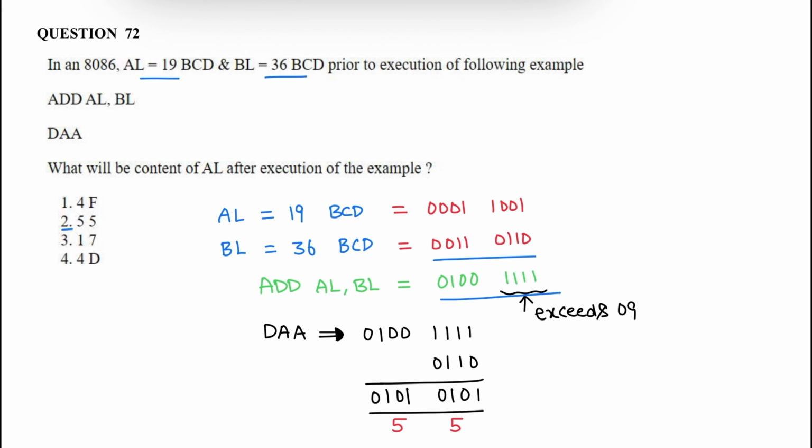DAA, decimal adjust after addition. Here the lower nibble is greater than 9, its value exceeds 9. Now in DAA instruction execution, 6 is added to the lower byte. So once 6 is added, we get the correct answer, 55H. Option 2.